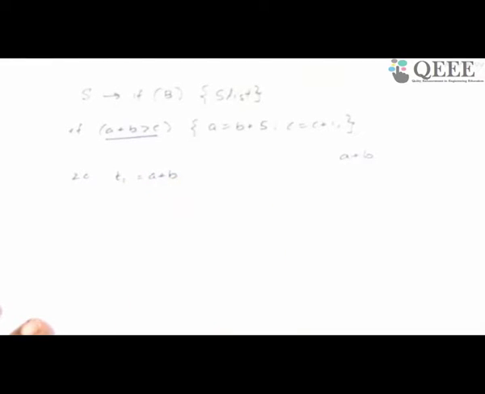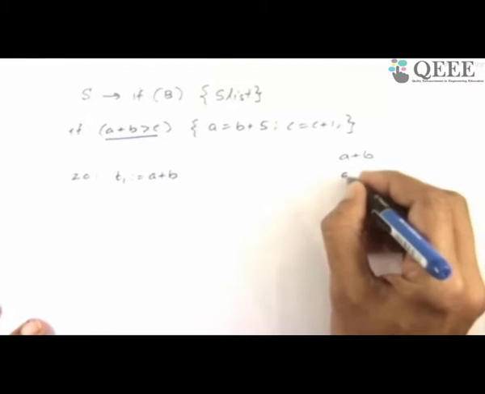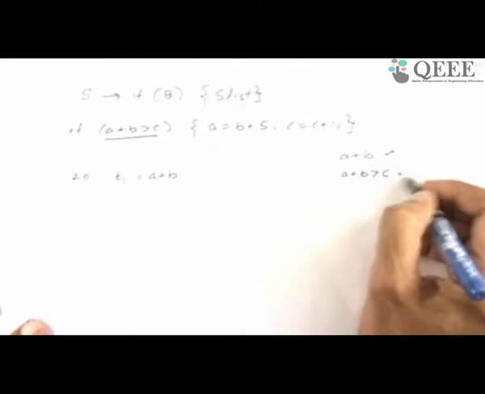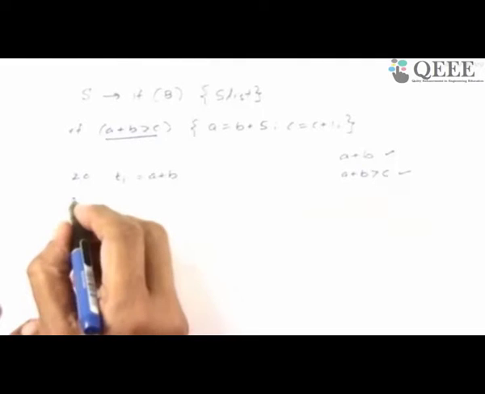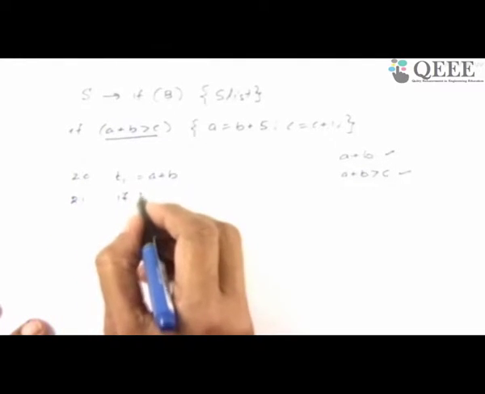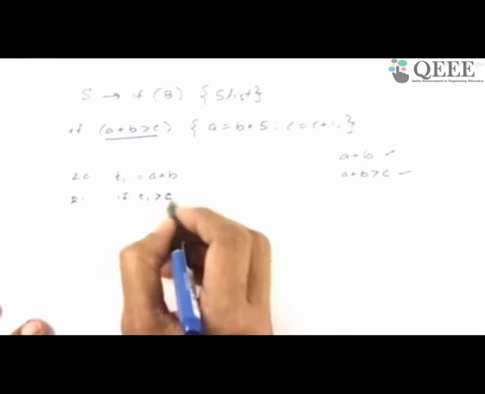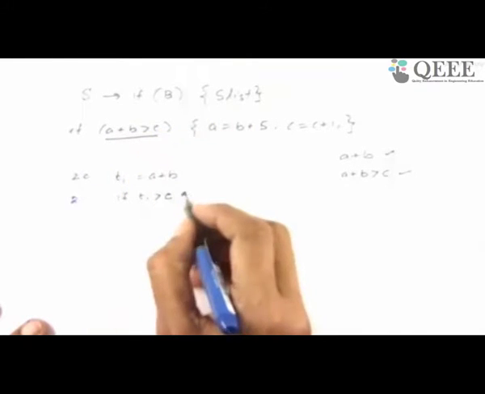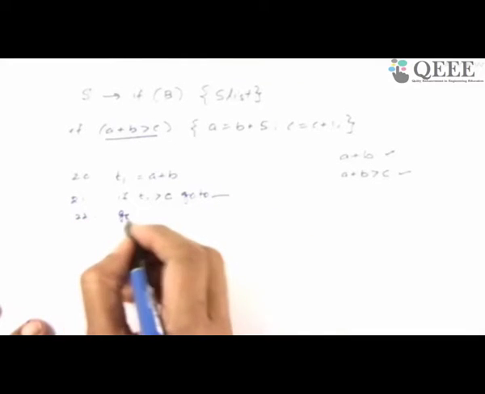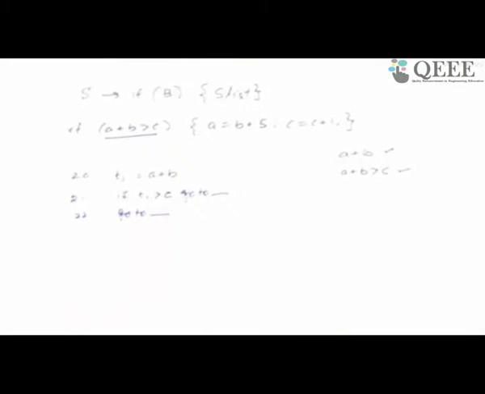I generate this. Once I have seen a plus b greater than c, I'm writing the points at which I'm generating code. So I've seen a little more, then I generate some more. At 21, I generate if t1 greater than c go to, and at 22, go to. This I emit directly. Go to where?